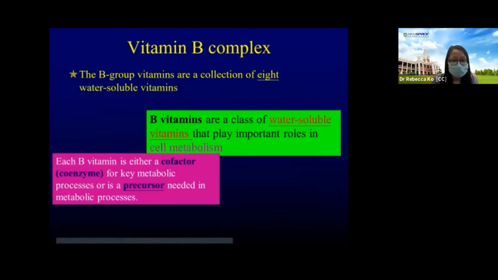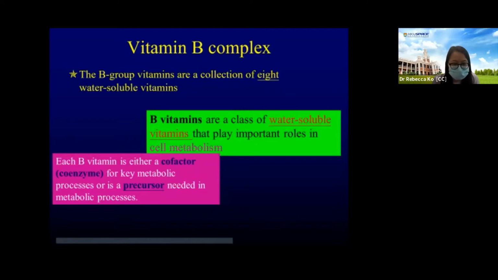Each vitamin B is either a cofactor or coenzyme for key metabolic processes, so they are very important. Some of them are precursors that we need to run the metabolic process. That's why vitamin B is very important, because it helps us run the metabolic process.